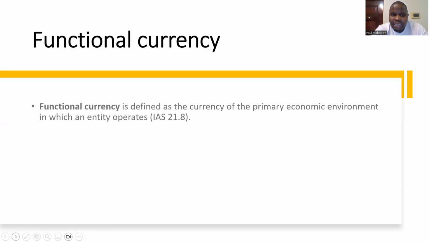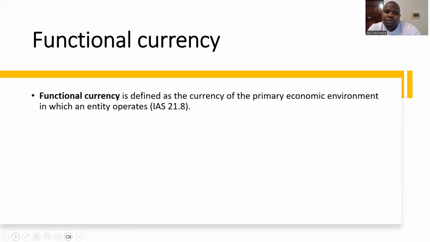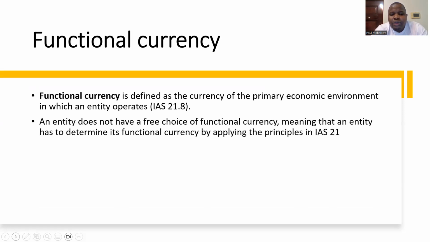Okay, let's dive into functional currency. What is functional currency? To repeat what we said, a functional currency is defined as the currency of the primary economic activities in which an entity operates. Okay, an example has already been given. So an entity does not have a free choice of functional currency.